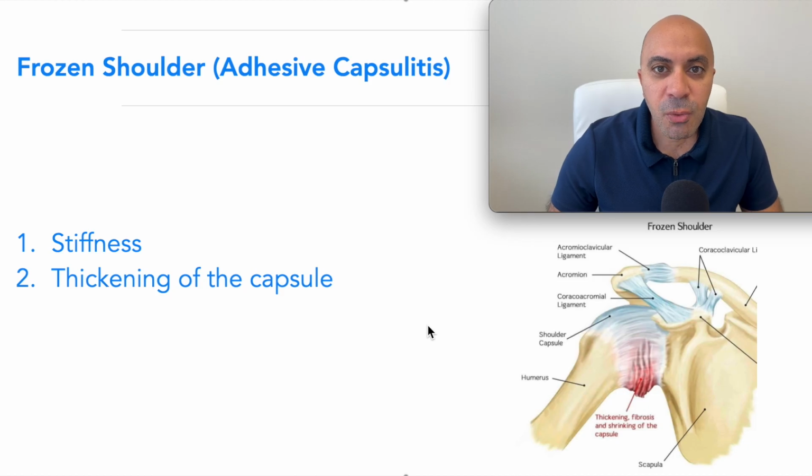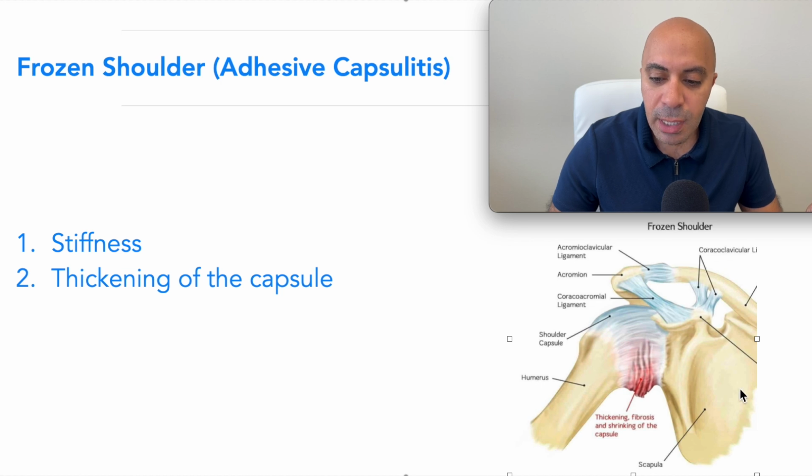Before I go over how to diagnose frozen shoulder, we need to understand what frozen shoulder is. The technical term for it is adhesive capsulitis. As you can see in this image, this is the shoulder joint capsule.